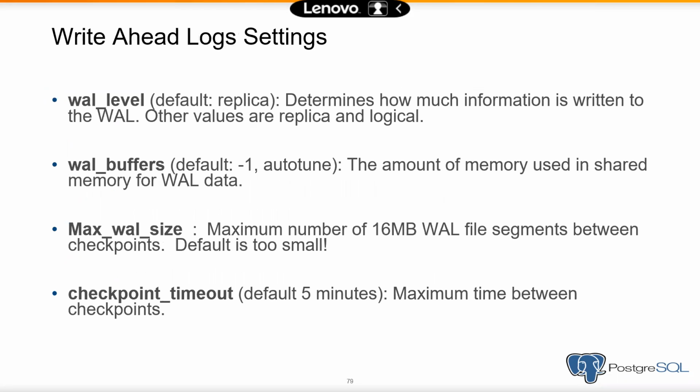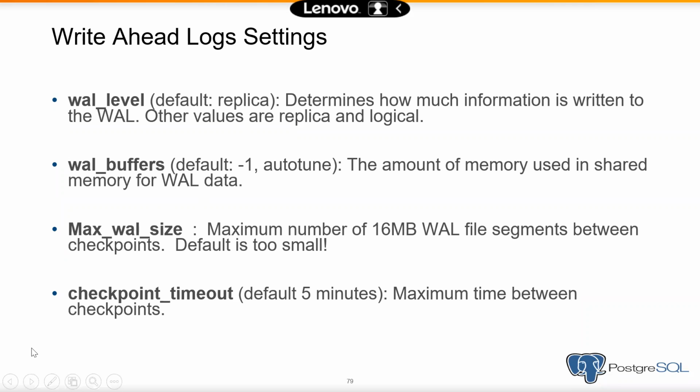Then we have WAL settings. This comes in next Monday's class. This is for setting up online backup, point in time recovery, streaming replication. If you want to set up, then you need to set the first parameter, wal_level, to replica. Replica is for streaming replication and point in time recovery.